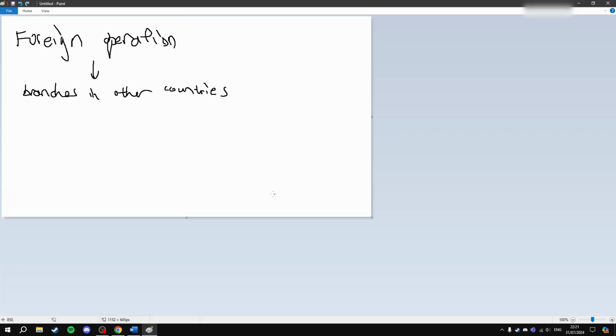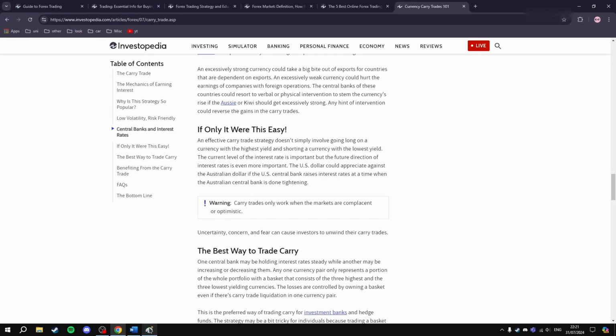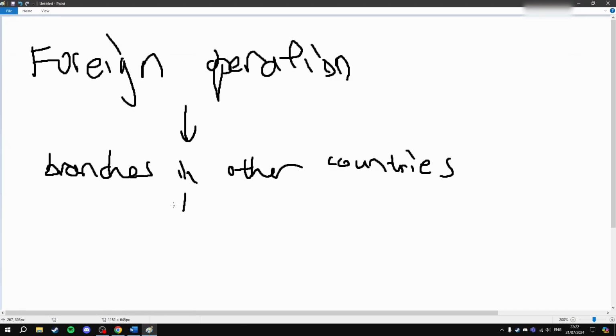If they've got foreign operation branches in other countries, I thought they would have to convert the earnings from the other countries into the currency of your home country. But if your home country's currency is weak, wouldn't that mean it's better, because you can get more of your home currency if you convert it from the foreign currency? Because if the currency is weaker, you can get more of it.